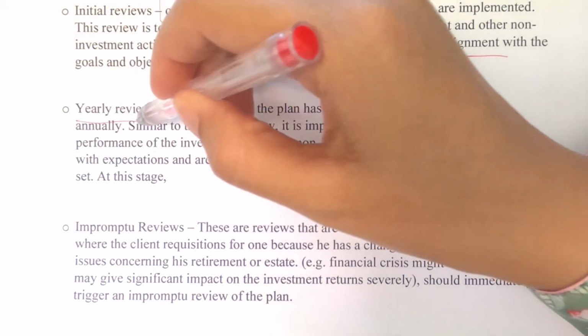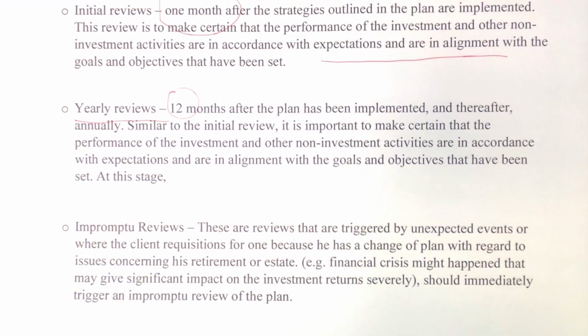Number 2 is the yearly review. That is basically 12 months after the plan has been implemented, and this review needs to be made every year, once a year.